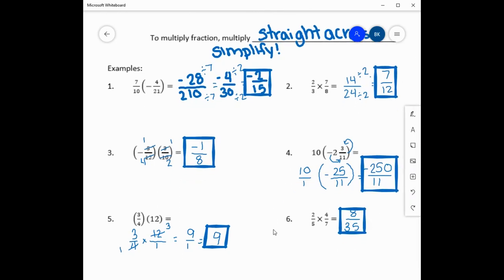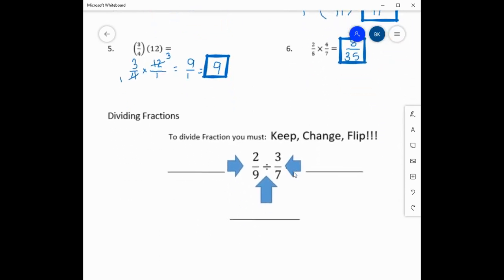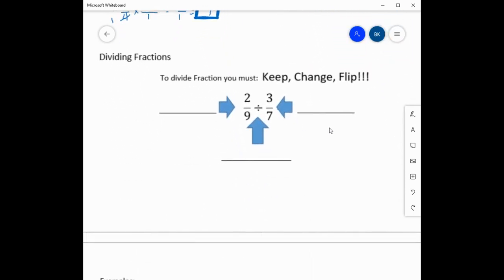Now let's look at dividing fractions. So the rule for dividing fractions is we keep, change, then flip. What I mean by that is we keep the first fraction. We change division to multiplication.